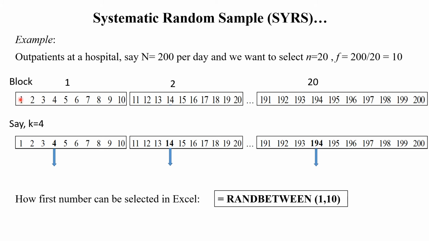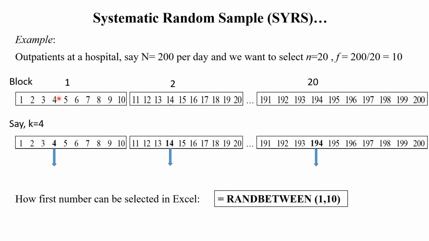So even though many patients may come from, let's say, 8 to 9, we are taking blocks: 10 patients first, another block 11 to 20, another block 21 to 30, until right here. So this patient may be coming in the afternoon, but a block of them may come in the morning. So you have 20 blocks, one patient for each block.